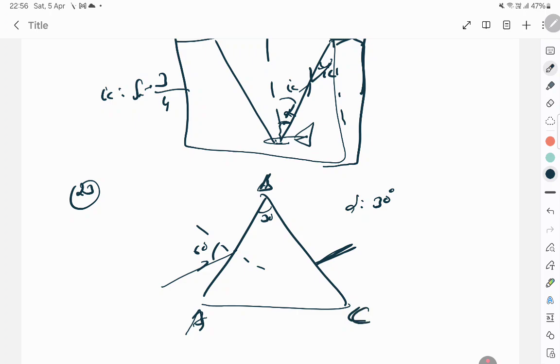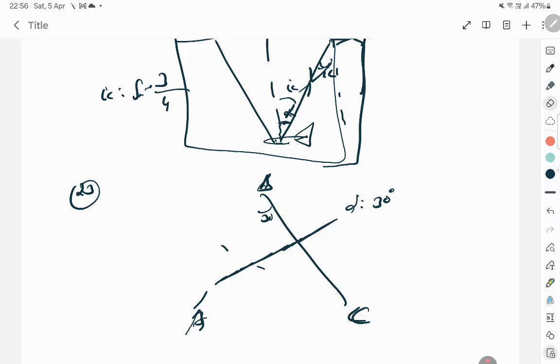The emergent ray is going to be like this, which means 90 degrees. If it's going to be like this, the incident ray on this face should have been normal to this face. So the incident ray should have been not from here.